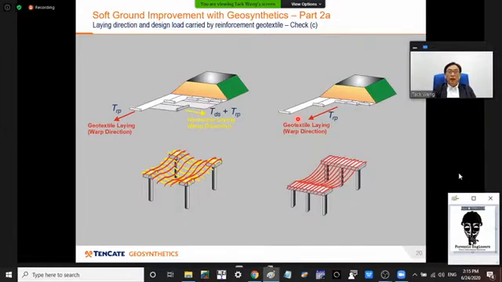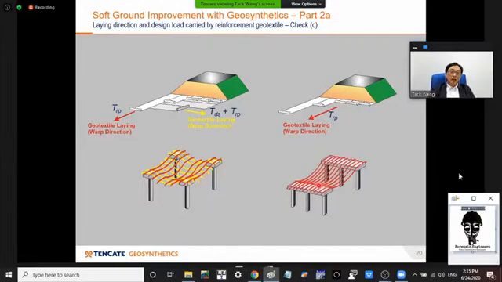The direction of laying is also very important, and it depends on whether you are using single pile caps or linked pile caps in the form of pile capping beams. The linked pile caps will link together a group of piles, and if it is the single pile cap, you can see here in two different colors, yellow and red, you need reinforcement to be taken up in both directions.